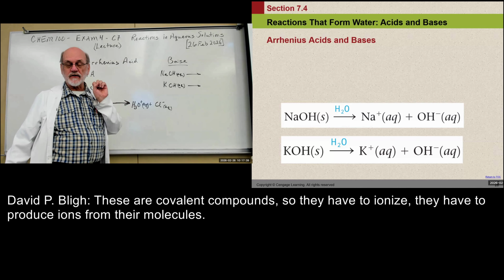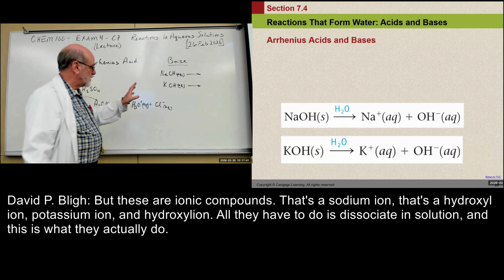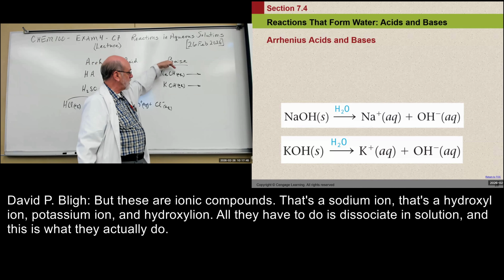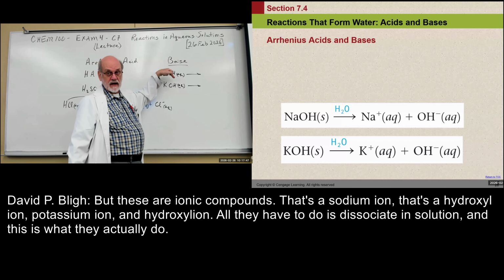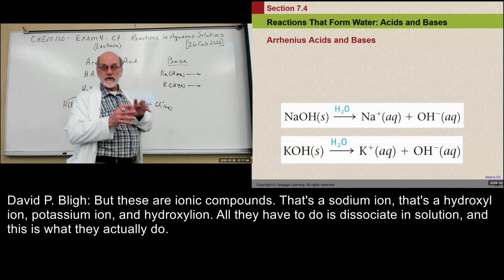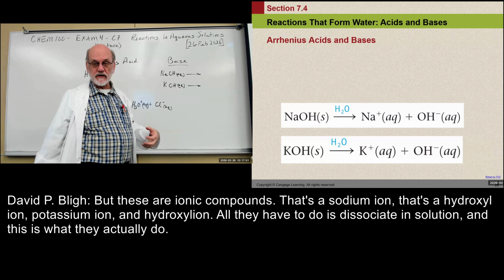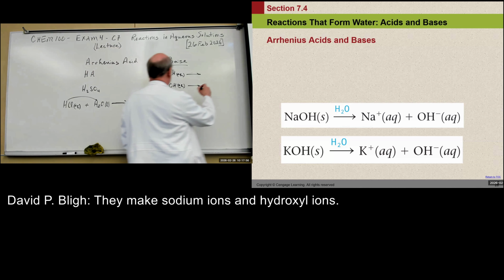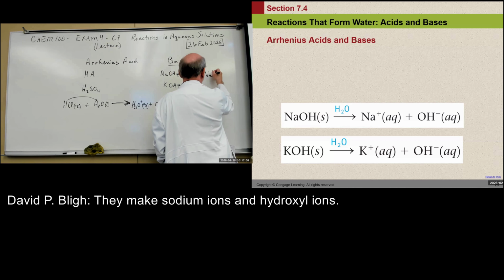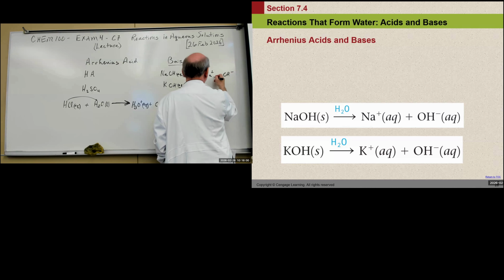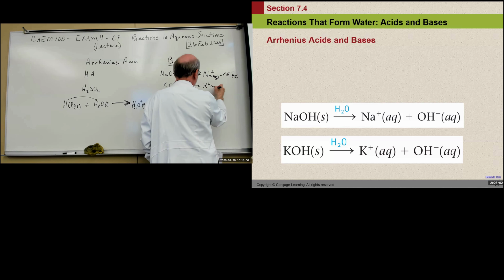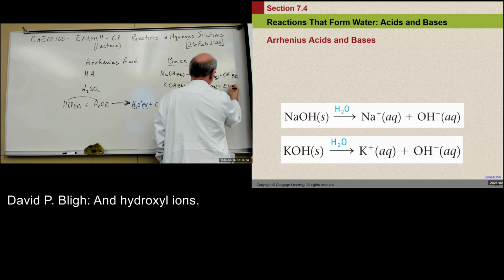They have to produce ions from their molecules. But these are ionic compounds. That's a sodium ion, that's a hydroxyl ion, potassium ion, and hydroxyl ion. All they have to do is dissociate in solution. And this is what they actually do. They make sodium ions and hydroxyl ions, or potassium ions and hydroxyl ions.